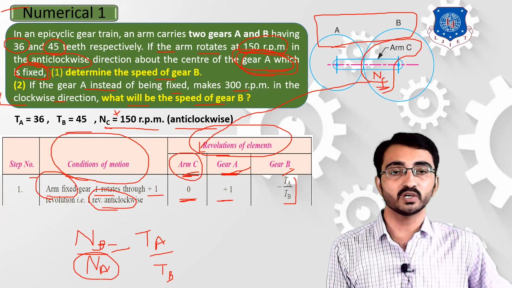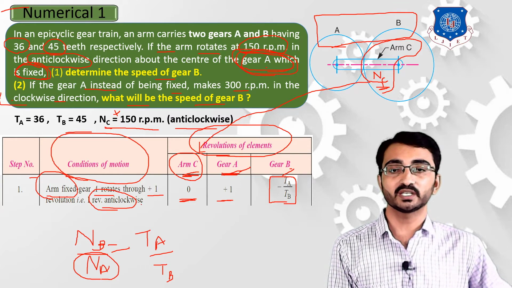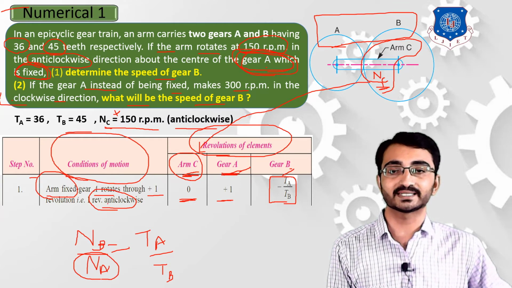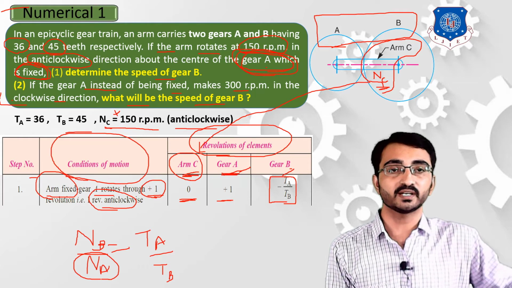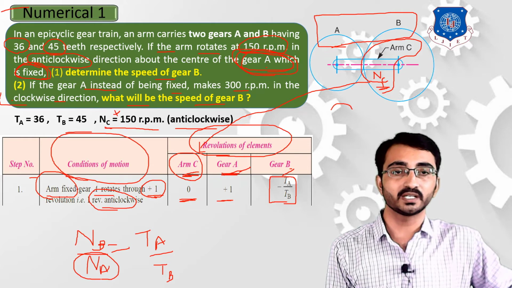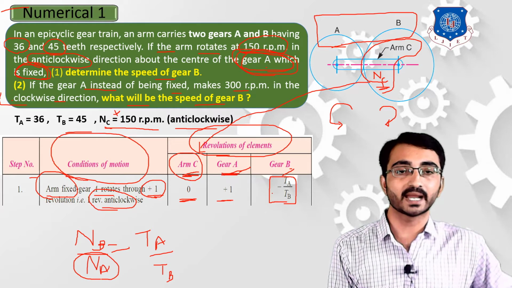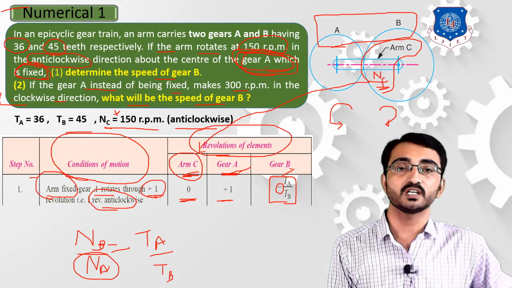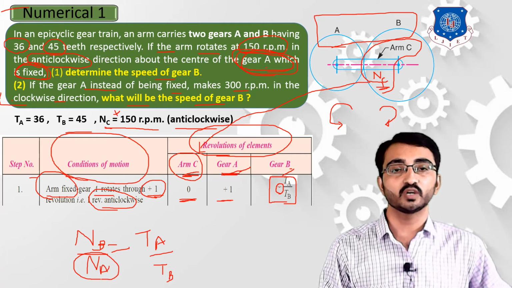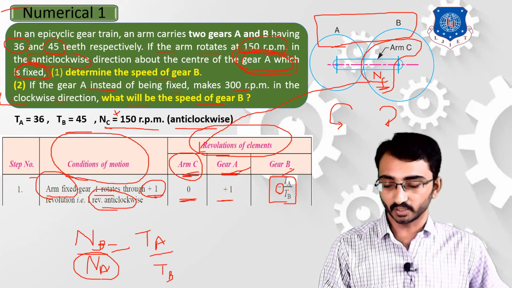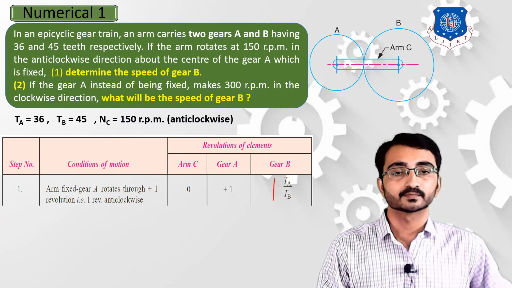This equation defines the speed of gear B. We have assumed that gear A is rotating in anti-clockwise direction, so we have considered the plus sign. If gear A is rotating in anti-clockwise direction, then gear B will be rotating in clockwise direction, so we have to consider a minus sign for the clockwise rotation. So in this equation, the speed of gear B will be minus TA upon TB. Clear?